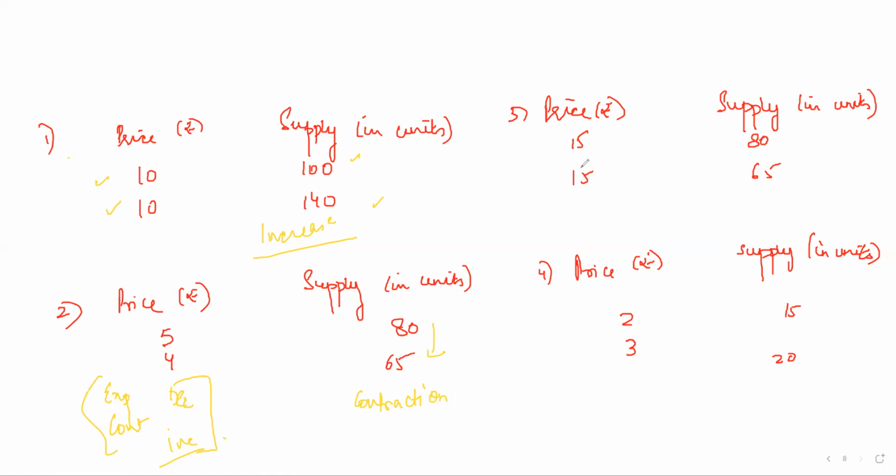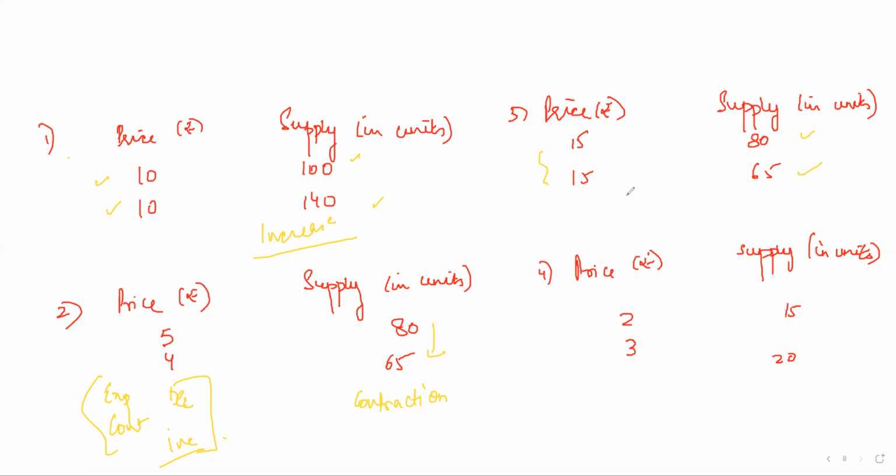Now, in this case, at the price of 15, the initial supply was 80, right? And now it has fallen down. Is it due to the price? No, it is not. Maybe it is due to some other factor, right? So when at the same price the supply falls down, what is the case?